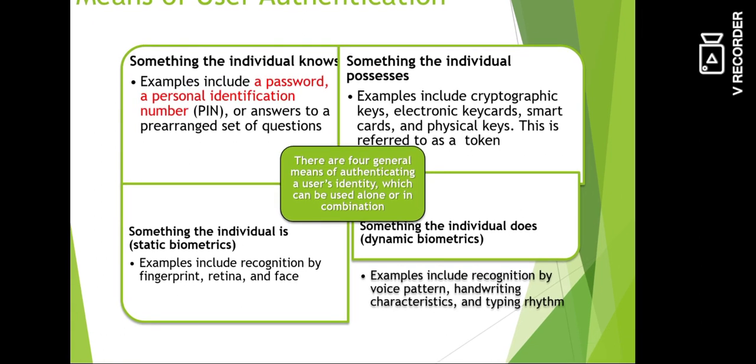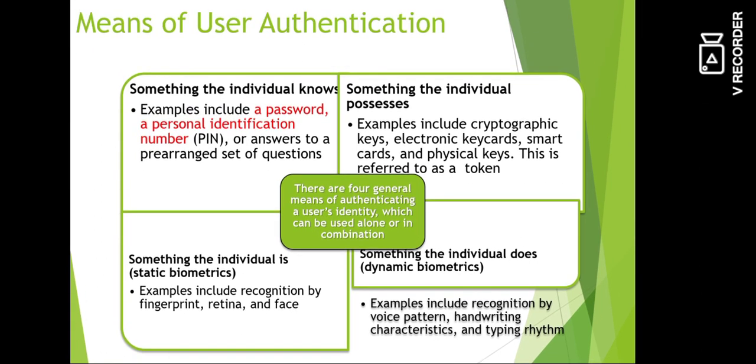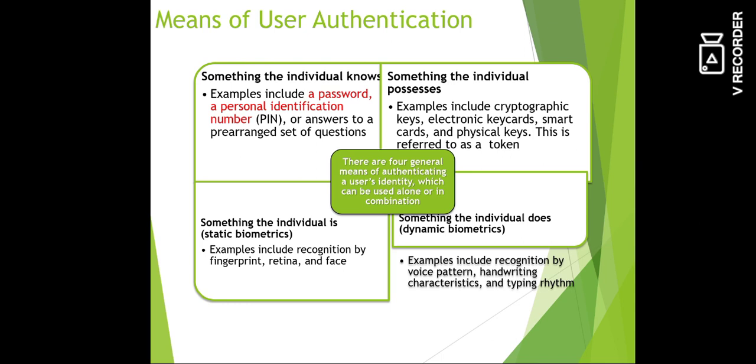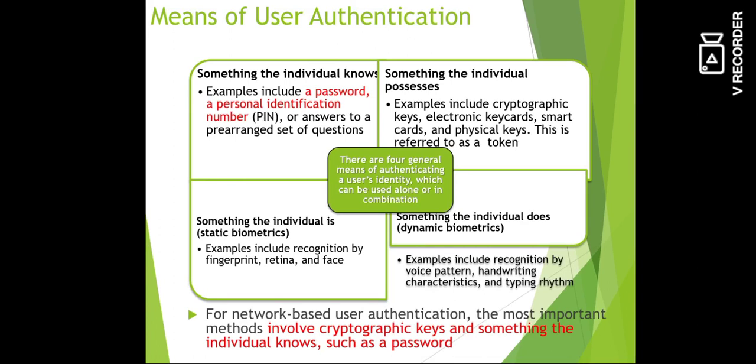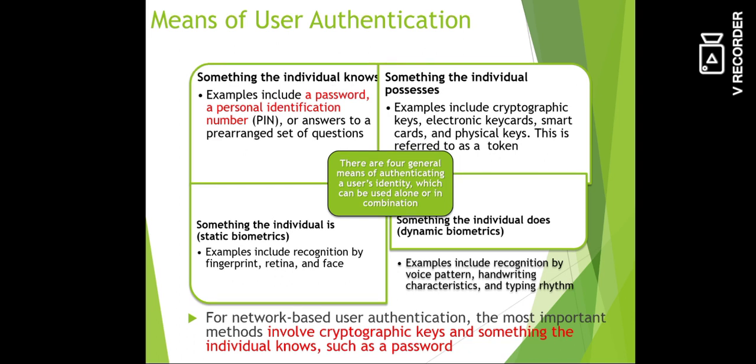If you combine the factors, it is known as multi-factor authentication. For example, you may combine the PIN number and the fingerprint, or the ID card and the fingerprint. For network-based authentication, we normally use cryptographic keys and something the individual knows, for example, the password.